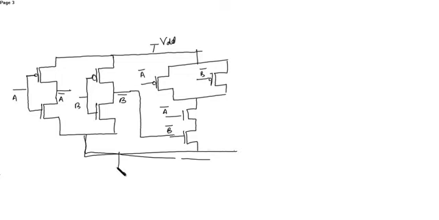This is again connected to VDD and these are connected to the ground. Okay, so now we need similarly another AND gate.